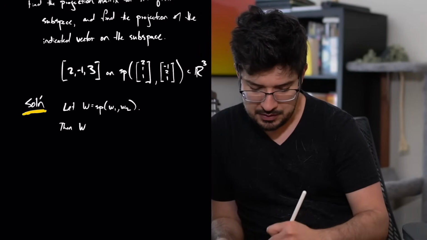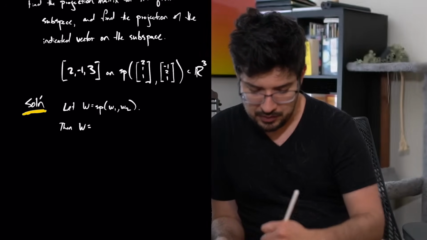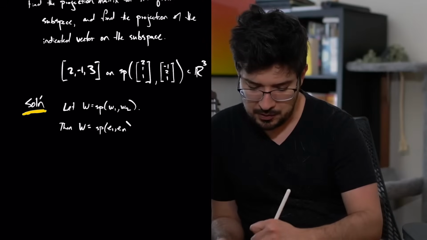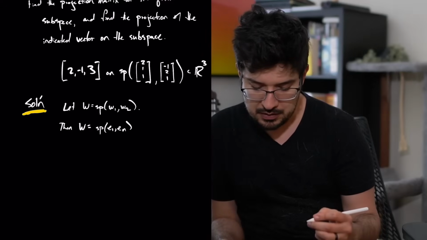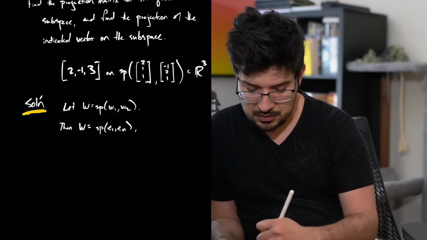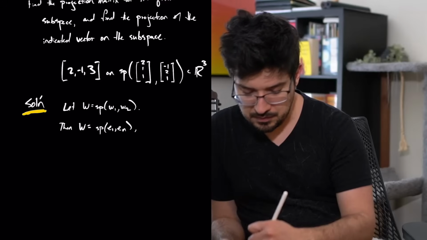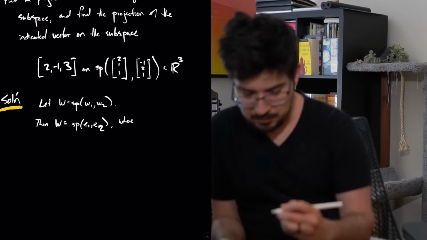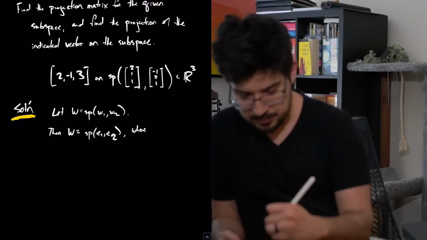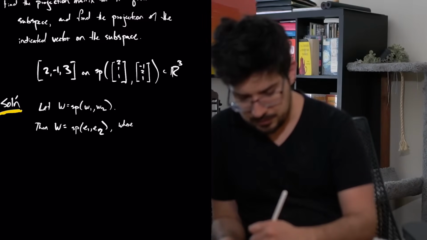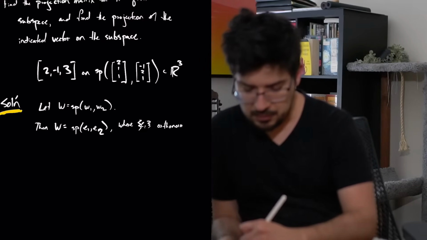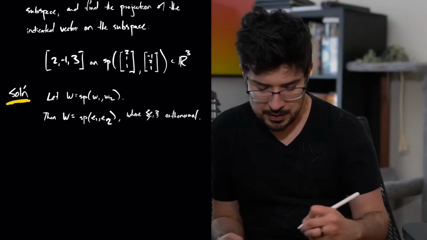Then W also equals the span of an orthonormal basis. This is by Gram-Schmidt, right?